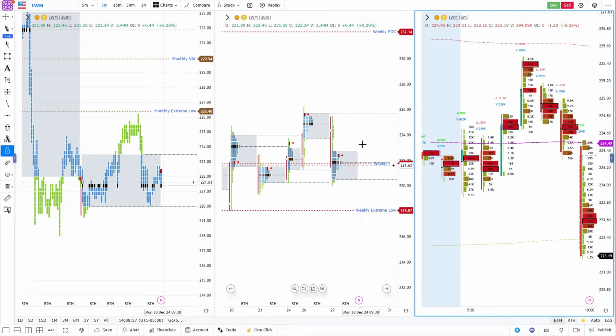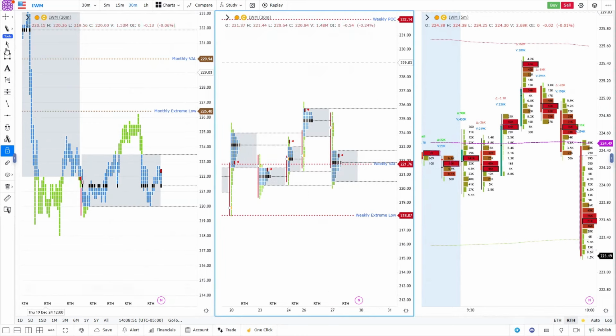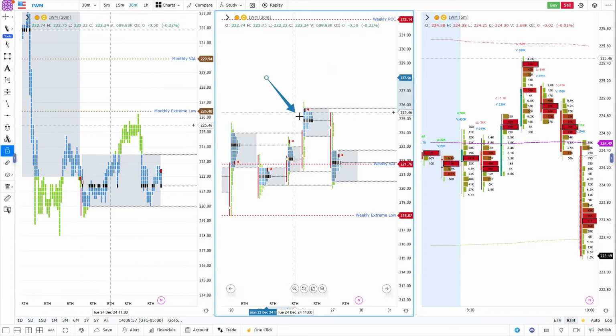Now, value really comes from market profile, and again, that's another topic. But market profile really gives you the volume, just a little piece of what that is. So let's focus on December 26th, the day after Christmas. Right here, that profile is the entire day of December 26th.